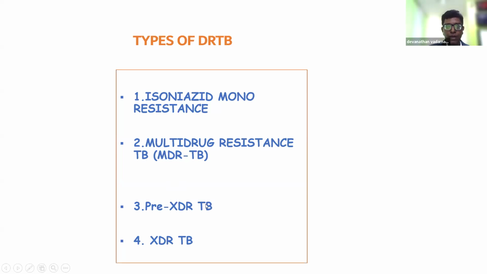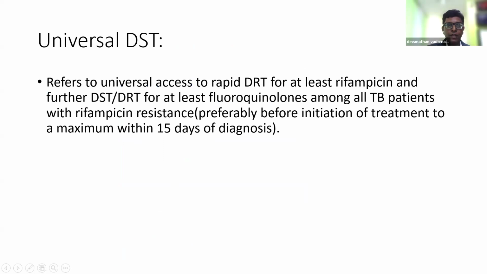Next, we need to know what is pre-XDR and what is XDR, the terminologies you should know. We have a term known as universal DST. For TB, if the patient has been diagnosed based on sputum smear, all drug-sensitive patients should be subjected to GeneXpert, so at least the rifampicin status, you should know whether it's sensitive or not. This is for drug-sensitive TB.